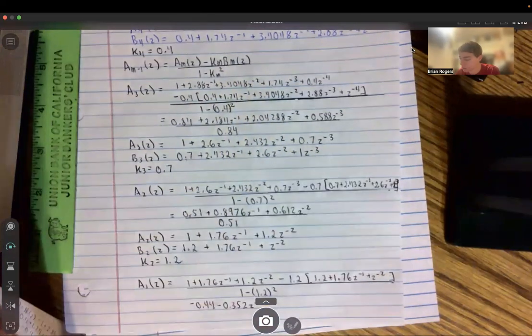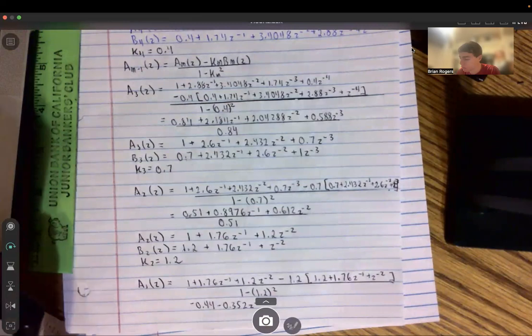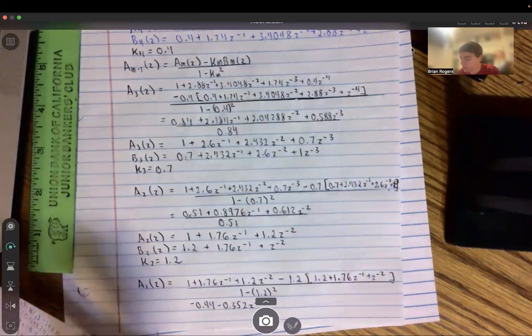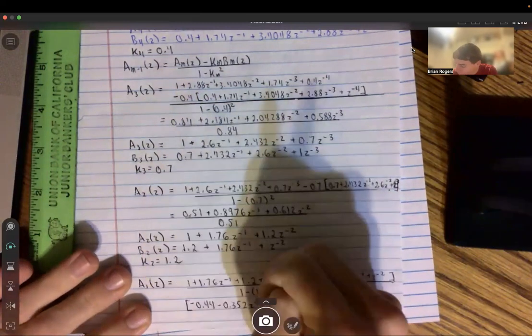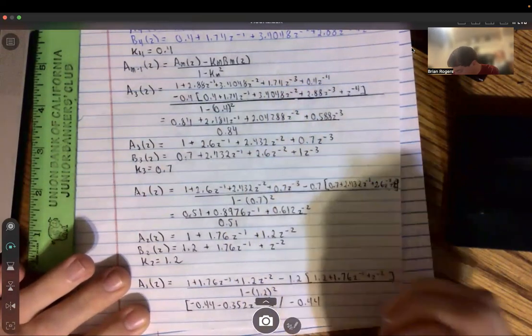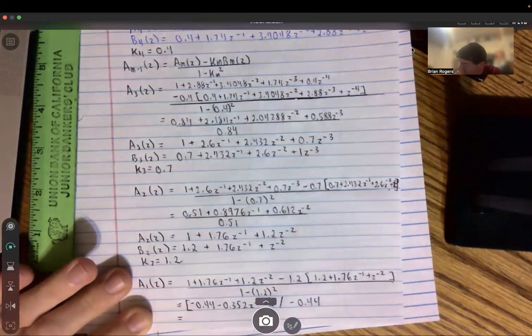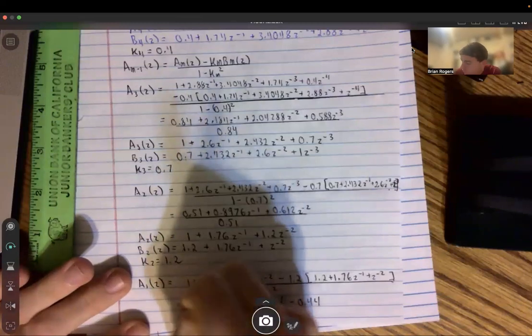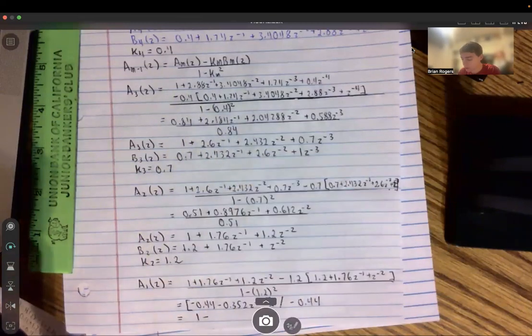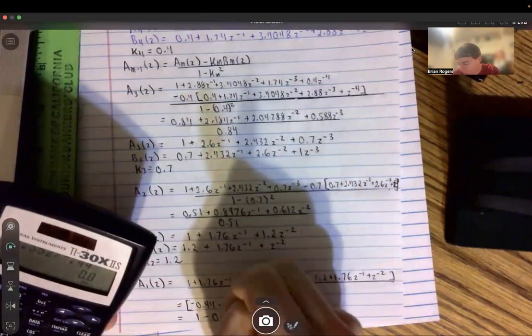Then here you'll get 1.2 minus 1.2 times 1, so you'll get 0 for your last term. So you'll have all this in the numerator, divided by the denominator, which is 1 minus 1.2 squared, minus 0.44. And that's going to evaluate to 1 minus negative 0.352 divided by negative 0.44, so you'll get 0.8 z to negative 1.